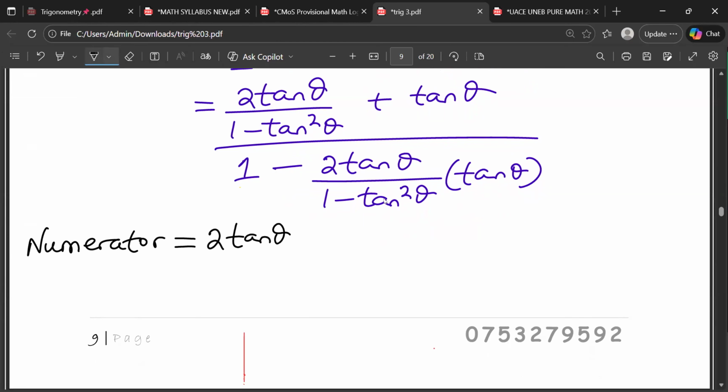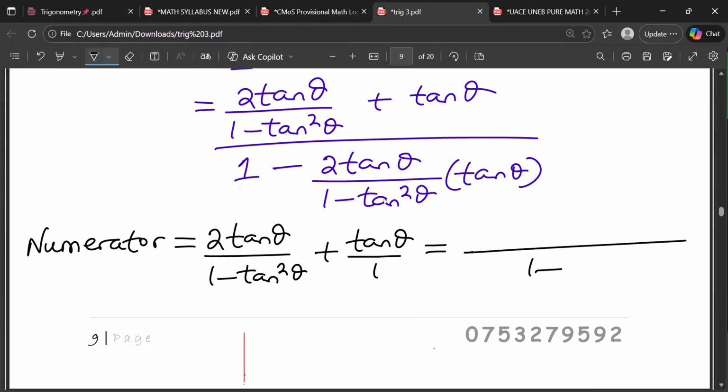Tan theta over 1 minus tan squared theta, over 1. Then what will I have? Down I will have 1 minus tan squared theta. Then this one will be 2 tan theta. You get?